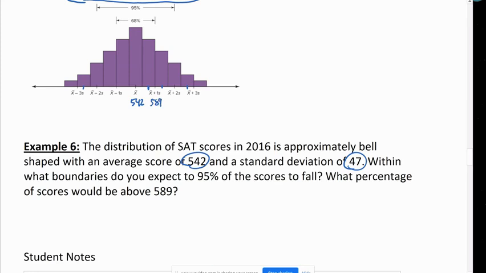Or if you do 542 minus 47, that would bring you down to 495. So 68% of your population should have scored between 495 and 589 on their SAT exam.